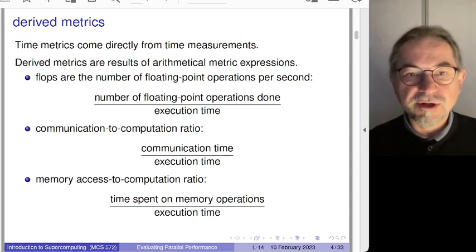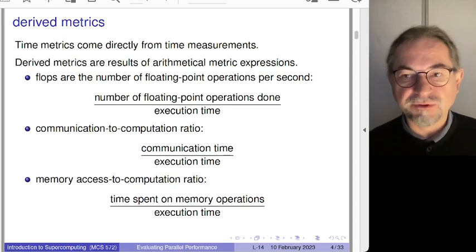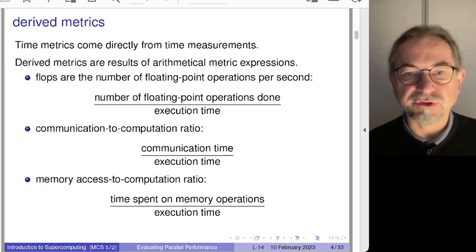So if your running time is quadratic in the dimension, then you would like the communication time to be linear in the dimension, so that the overhead as the problem size grows does not start to dominate. It's pretty bad if the communication time actually grows at one order more than the execution time.